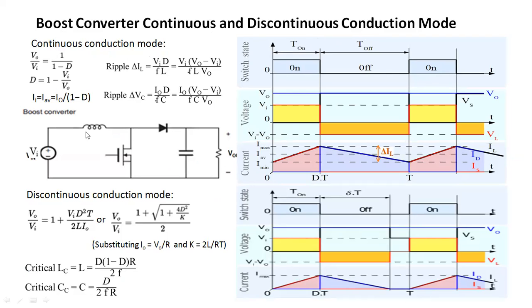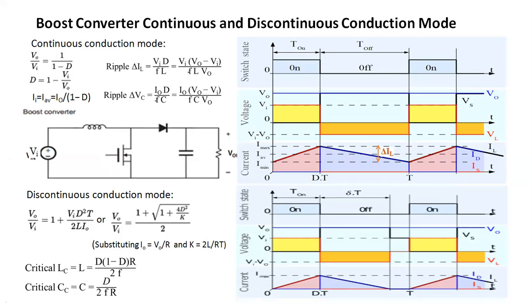But what is the difference here? Here we use the inductor, after that the switch, after that the diode, and then a capacitor. So these are the equations you will need to solve numericals on the boost converter, in continuous conduction mode or discontinuous conduction mode.